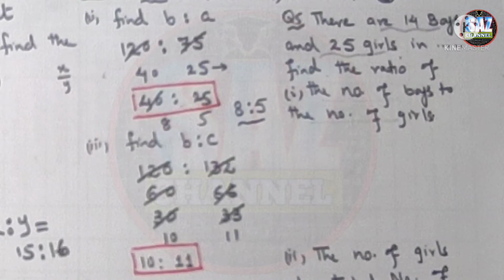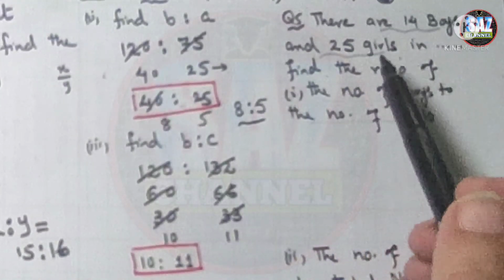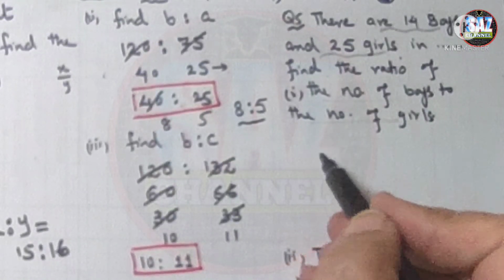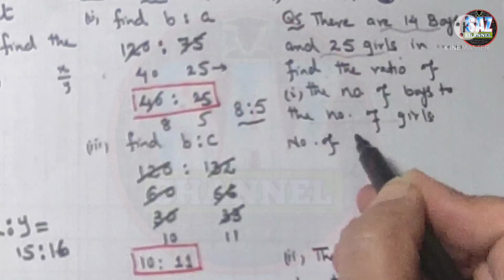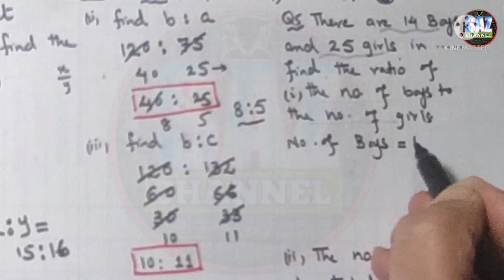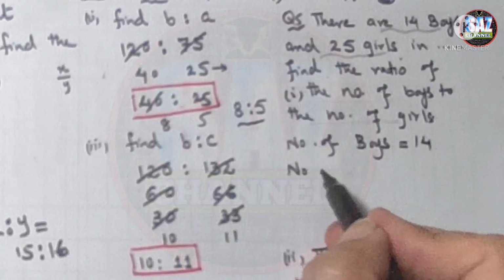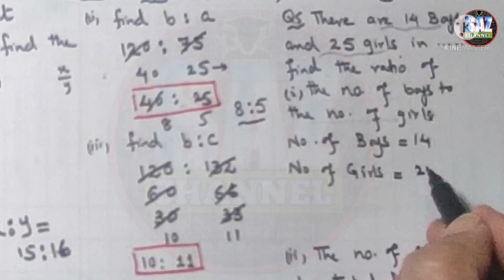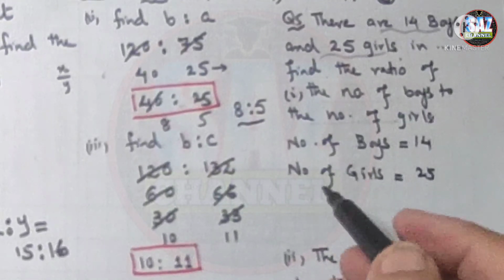Now you can see that here you have to decide whether it's a part to part ratio or part to whole ratio. As we have to find the ratio of the number of boys to the number of girls, number of boys are 14, and number of girls are 25, and we have to find the ratio of boys to girls.